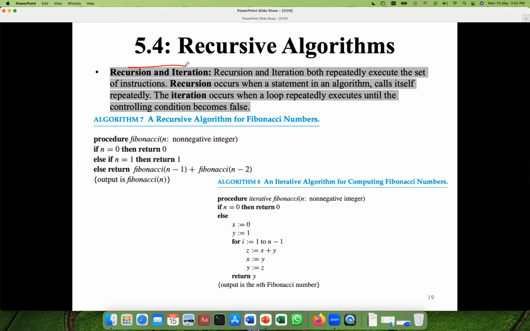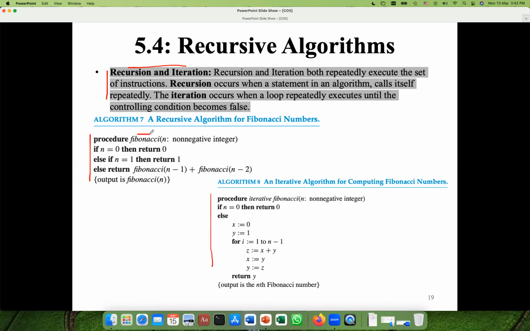You will do this thing by using some loop, not by calling some function. So that is something mentioned here. And these are the examples to illustrate the concept of recursion and iteration.